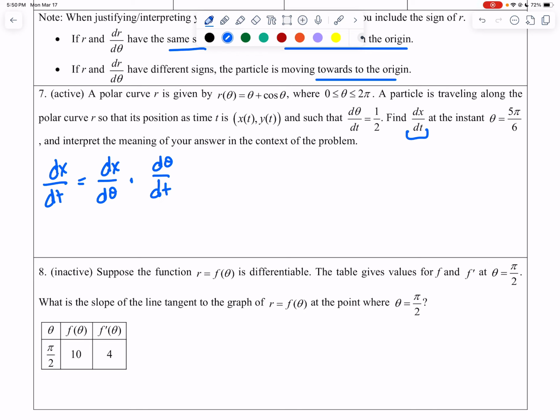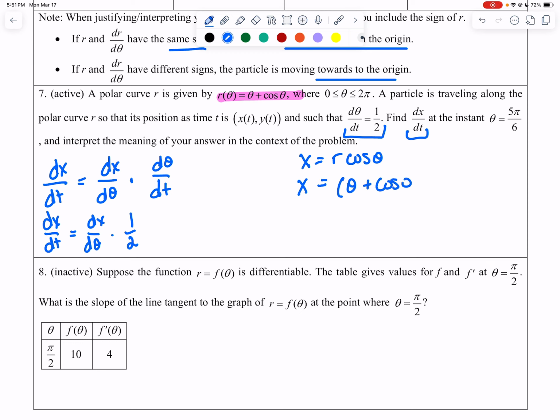Now we know that dθ/dt is always going to be 1/2 right here, so I am going to rewrite this so that we have dx/dt is equal to dx/dθ times 1/2. And then to find out what dx/dθ is, we look at this lovely thing right here. That's r. And we can connect x and theta using x is equal to r cosine of theta. So then I have x being equal to theta plus cosine of theta, times cosine of theta.